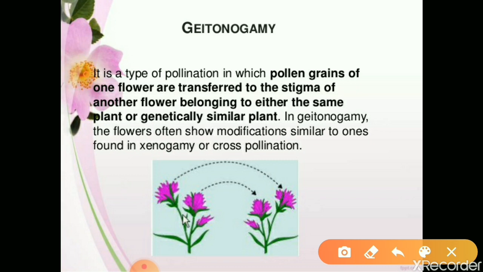Modification means certain changes in that flower. So that modification will be similar to that in cross-pollinating flowers. That means when we compare that modification with cross-pollinating flowers, they are similar in nature.